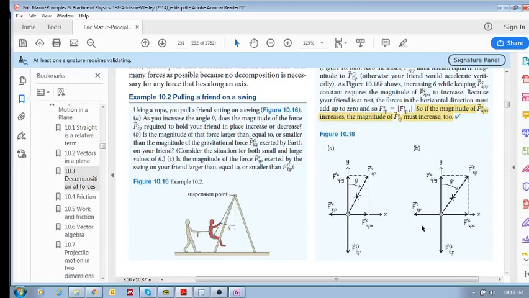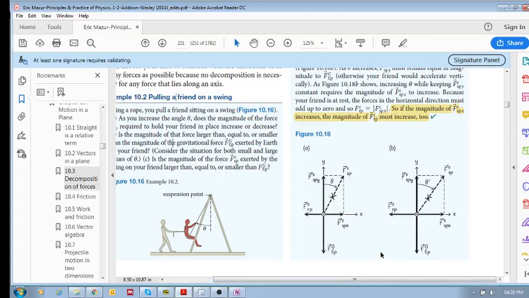So the force that is required to keep this person up in the vertical direction must still be the same as before. Because the gravitational force doesn't change in both of those situations, the vertical component of this force must be the same in both of those cases. All right? Otherwise, there's acceleration.